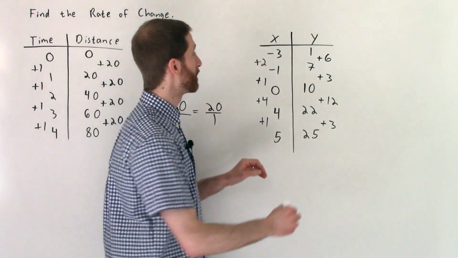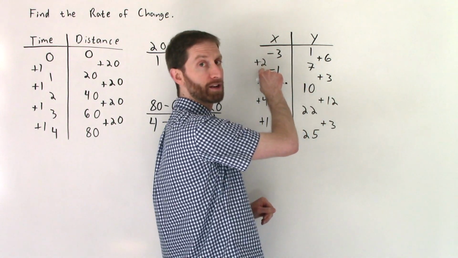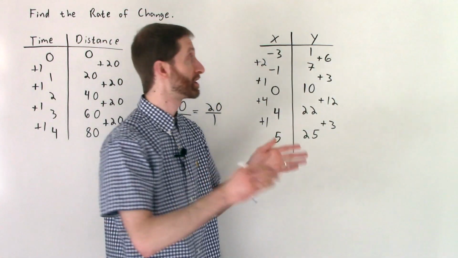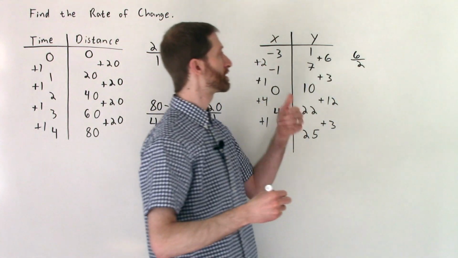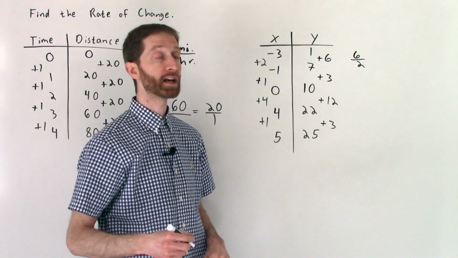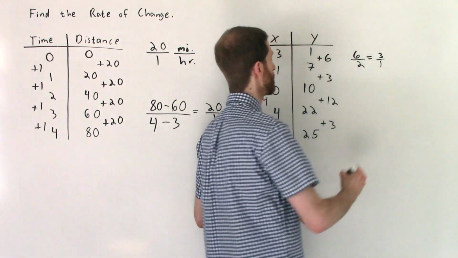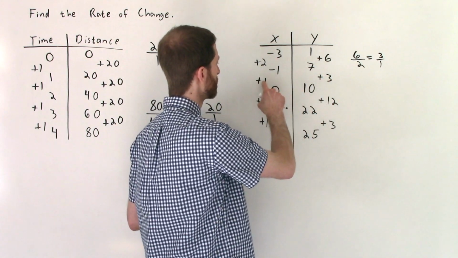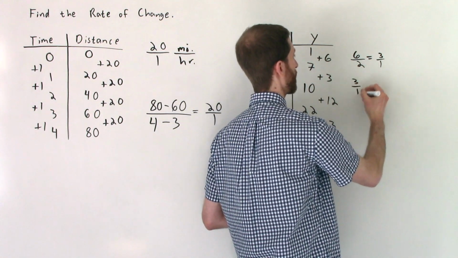Check this out. If we find the rate of change between these two numbers, you see how for the increase of the x value of 2, we go up by 6. That's 6 to 2. I'm going to put that right over here. So for every 6 increase in the y direction, we go up 2 in the x direction. That simplifies to 3 over 1. Then if we look at the rate of change here, we've gone up 3 for every 1. Same thing.